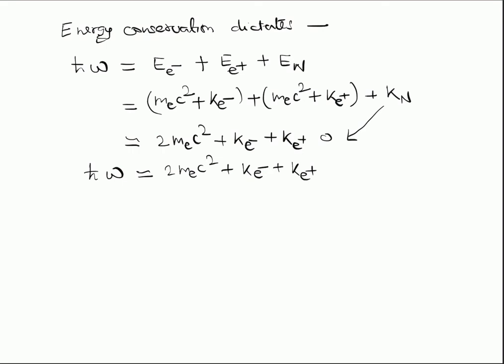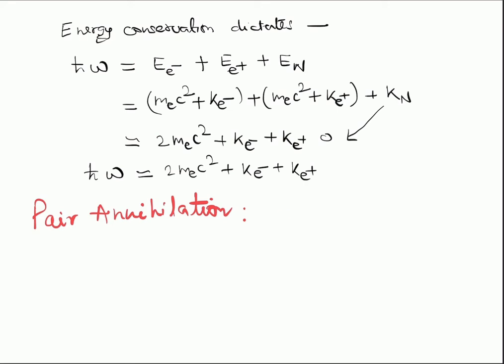In pair annihilation, two particles collide together and produce two photons. So in pair annihilation, an electron and a positron collide, they annihilate each other and give rise to electromagnetic radiation.